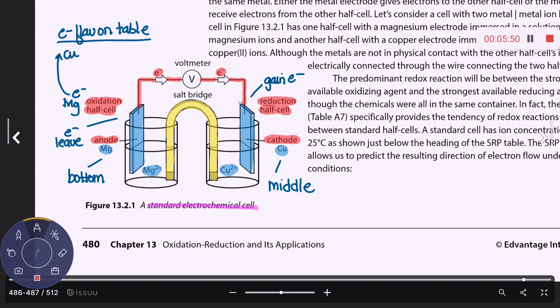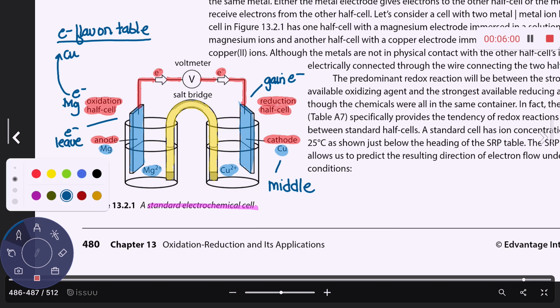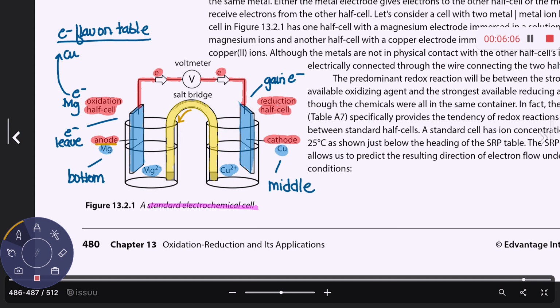And on the next page, they talk about that. On the next page at the bottom right, do you see where it says anions migrate towards the anode? Okay, so in this direction, to the left, because the anode is here, the anions will travel through the salt bridge to the left, and then since the cathode is on the right, the cations will travel to the compartment on the right.